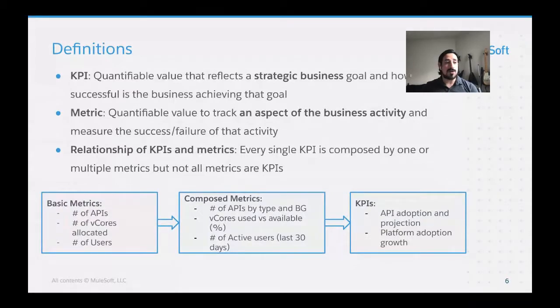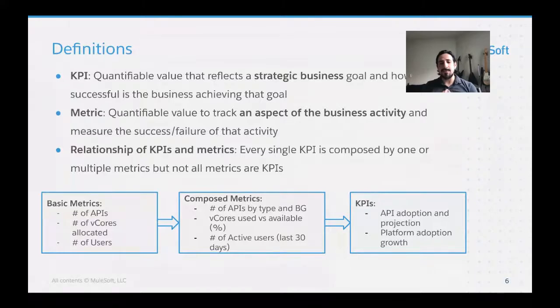Maybe for small organizations, a growth rate of 2 vCores every 6 months is okay. But maybe for a large organization, that means something that we need to evaluate, right? Maybe the platform adoption is not right. Maybe the teams are not using the platform properly, or maybe we can improve something to generate collaboration across teams.